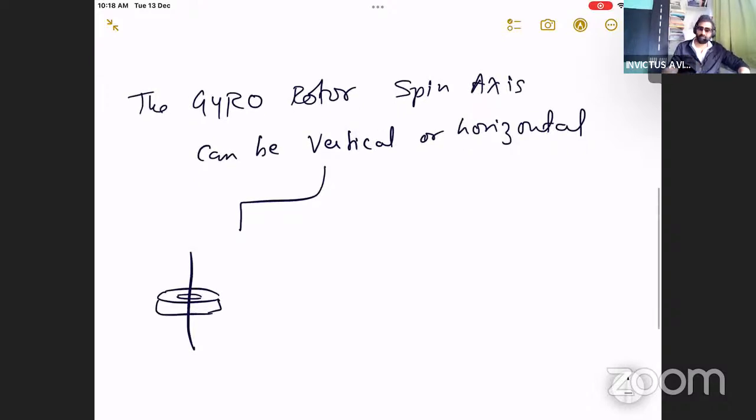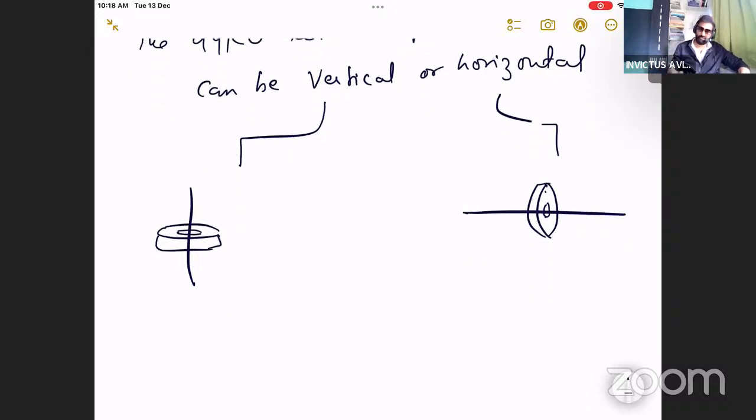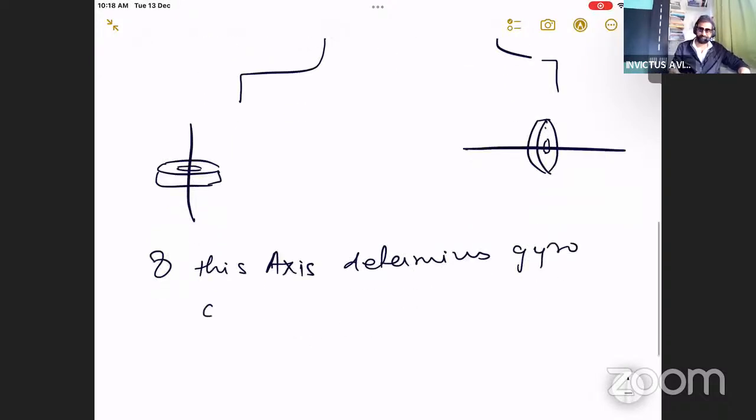This becomes vertical and this becomes horizontal. Okay. So the gyro spin axis can be vertical or horizontal, and this axis determines gyro orientation.